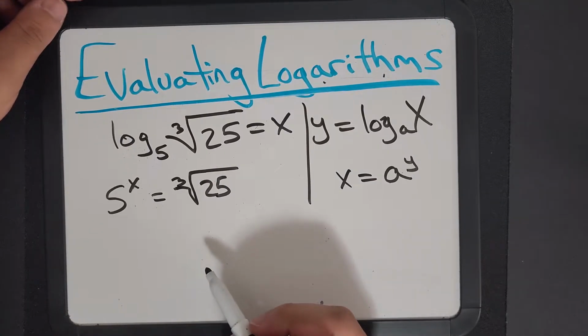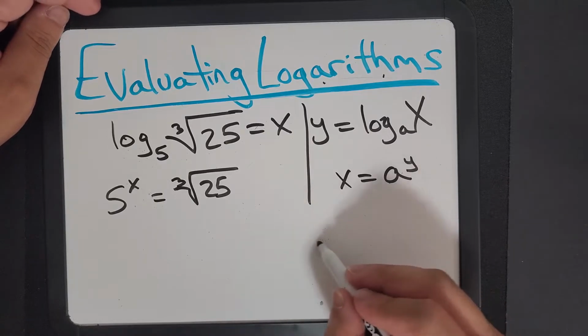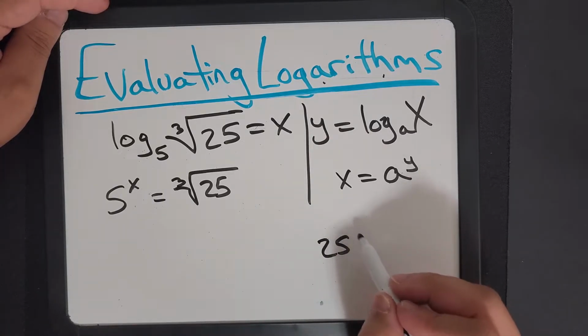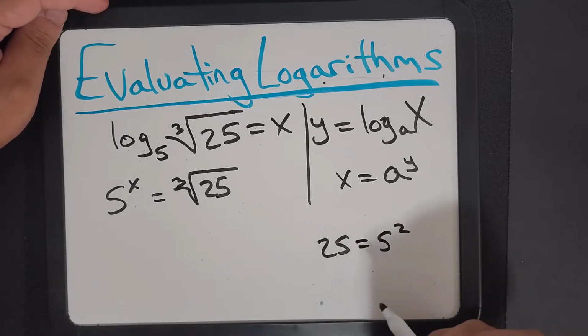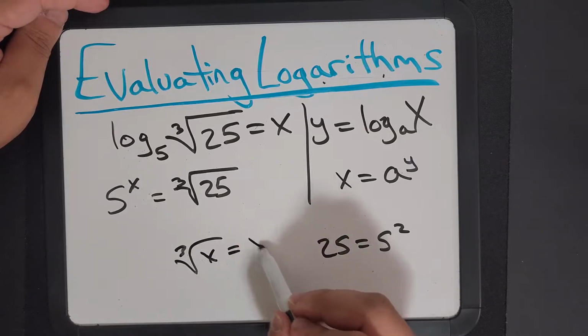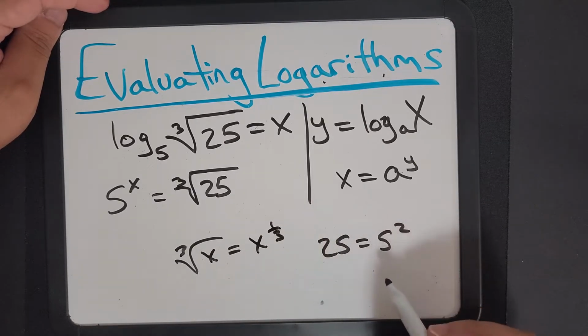So, 25 is actually 5 squared, and the cube root of something is actually that thing to the 1 over 3.